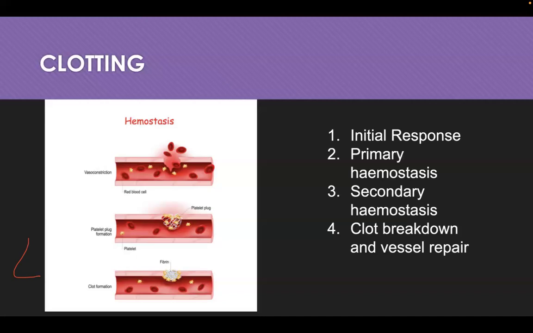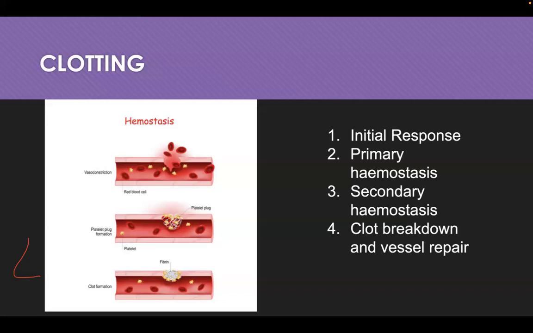That is when primary hemostasis begins. Here, platelets will begin to adhere to the damaged endothelium and form a little plug, as you can see in this diagram here, a platelet plug to temporarily seal the wound.